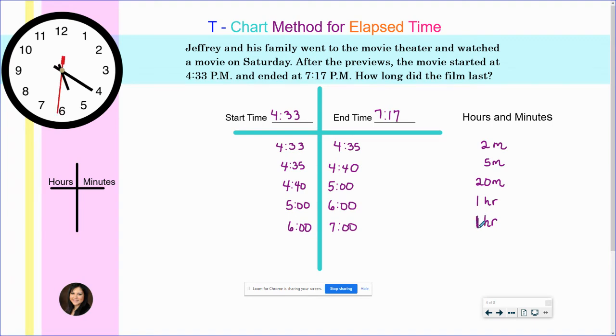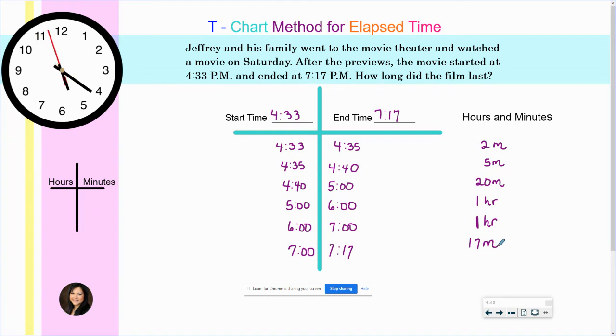There was a 1 hour jump. So now I take my 7 o'clock, and I need to get to 7:17. So I know from 7 o'clock to 7:17 is 17 minutes.